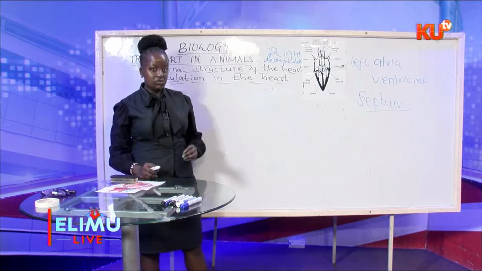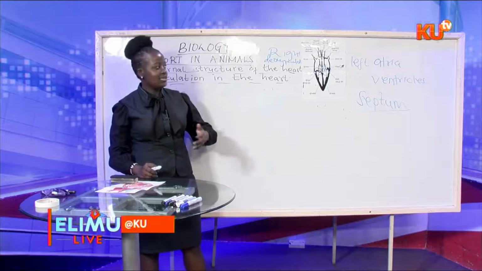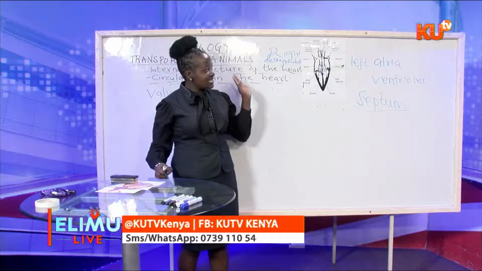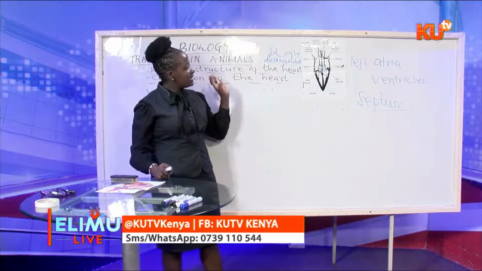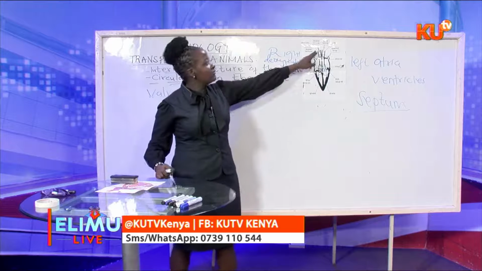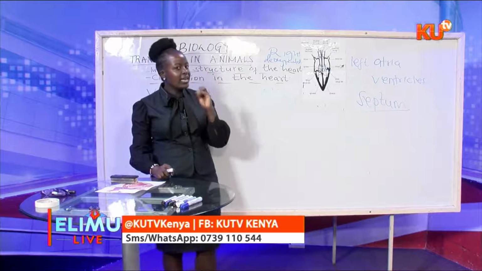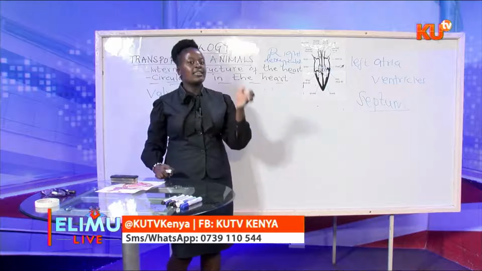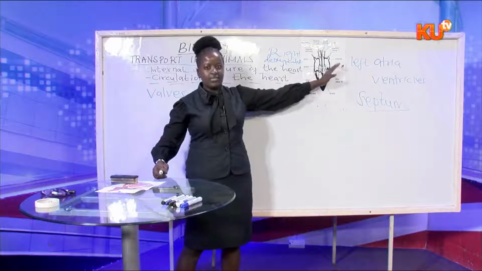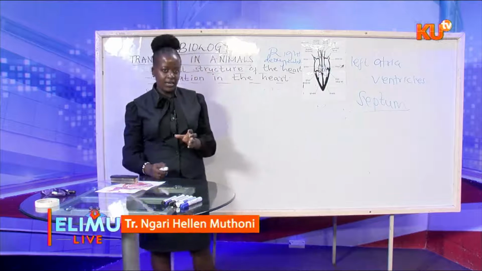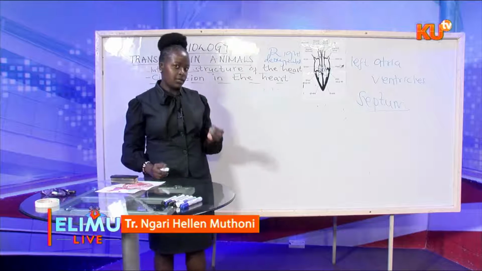These are the vessels connected to the heart. We start on the right side with the vena cava. On the right side also, it's followed by pulmonary artery. The pulmonary artery is followed by the aorta. And the last one towards the left is the pulmonary vein. I hope we are together.